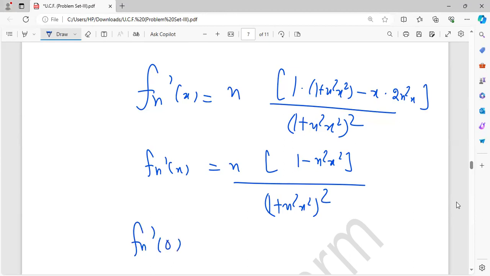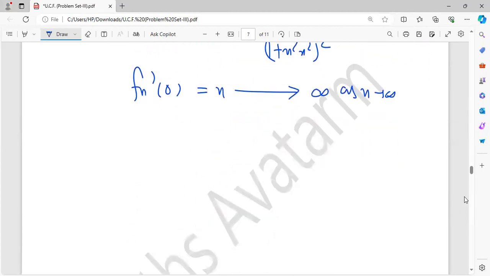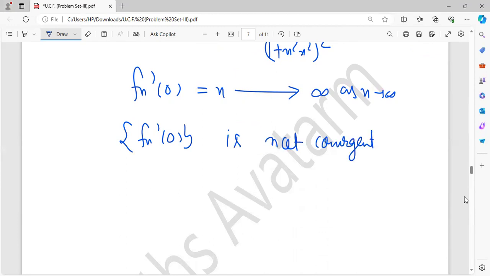This is n, and that tends to infinity, as n tends to infinity. It means the pointwise limit does not exist. It means fn dash at 0 is not convergent. If fn's are not convergent at some point, it means the pointwise limit does not exist.